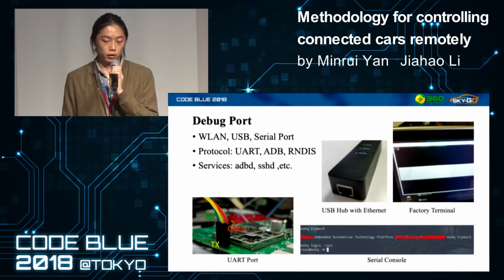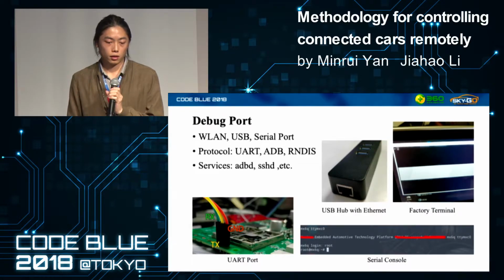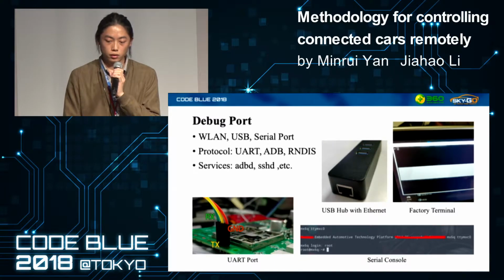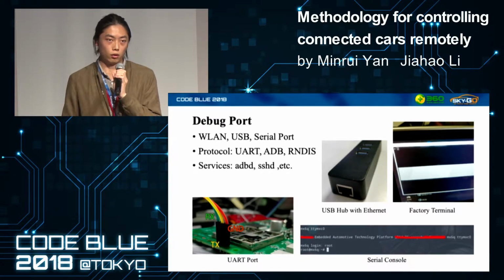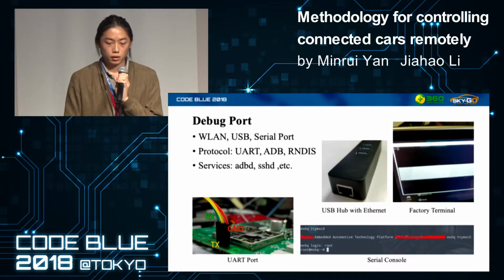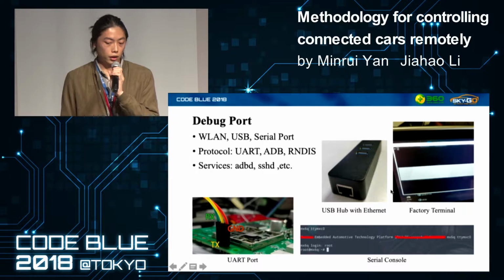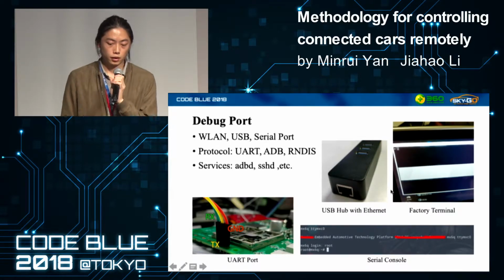The default network configuration results in it assigning a static IP address or obtaining an IP address from DHCP. So we can scan the IVI network services in WLAN or wired Ethernet. The ADBD or SSHD usually has no authentication, and we can get a shell easily.